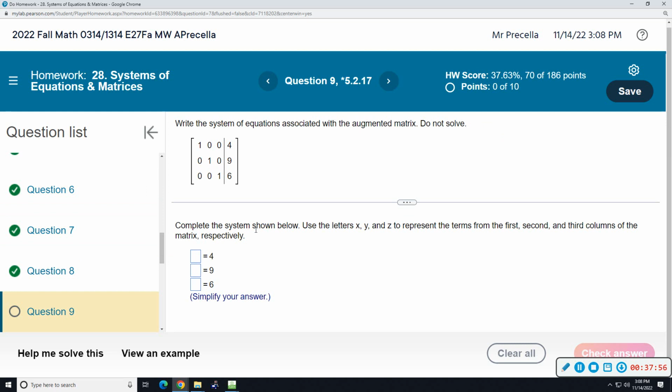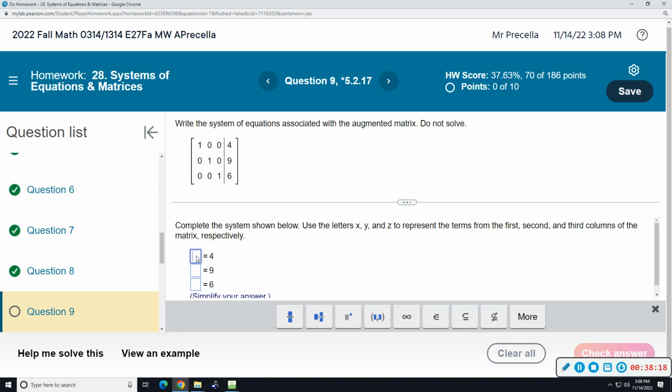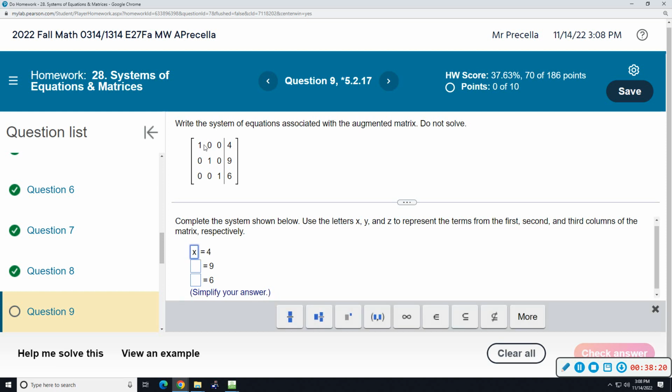Complete the system shown below. Use the letters X, Y, Z for the first, second, third column. Like this first row here, since there's a 0 for the Y column and a 0 for the X column, it's just a 1x, 0y, 0z, so just x equals 4. Keep in mind we're using x, y, z as our columns.